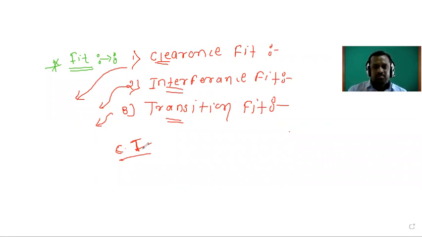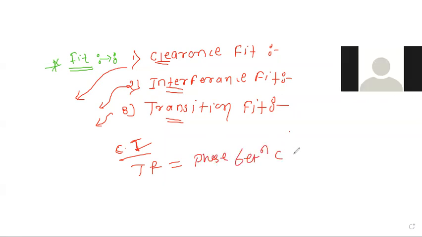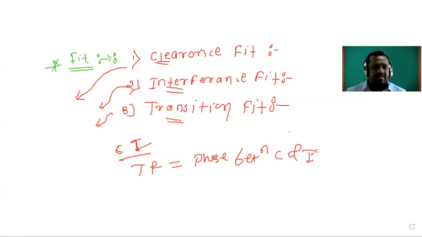So the basic definition you understood: transition fit is nothing but the phase between clearance and interference fit. That point you have to remember. So we will take an example here and accordingly we will understand that.